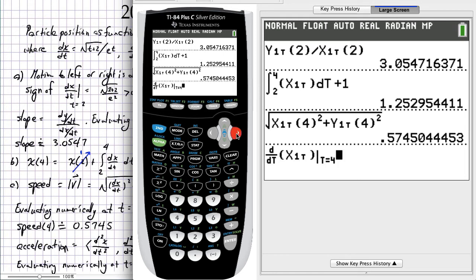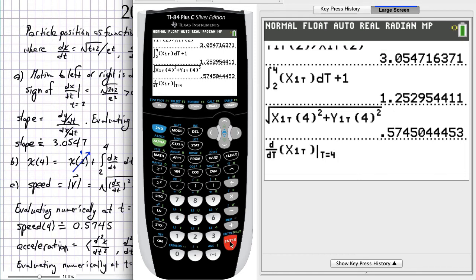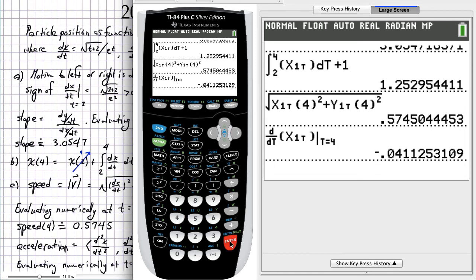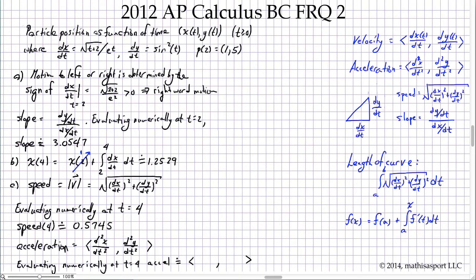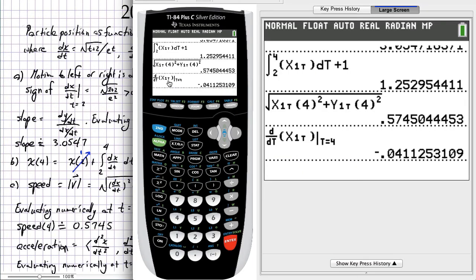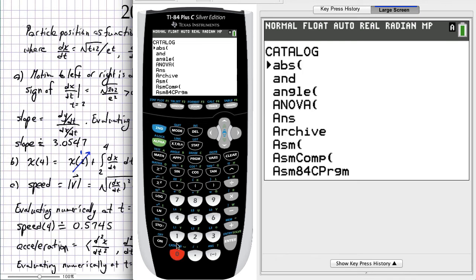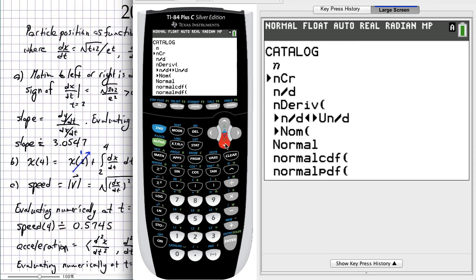Then we'll separately handle the y. But first this. We've got negative 0.0411. And now let's do the y. Same situation. We go to the catalog. We want the nDeriv.